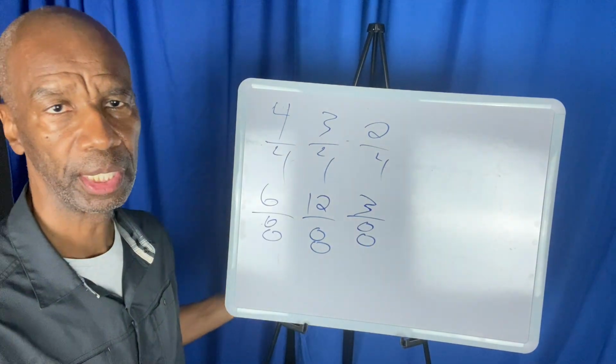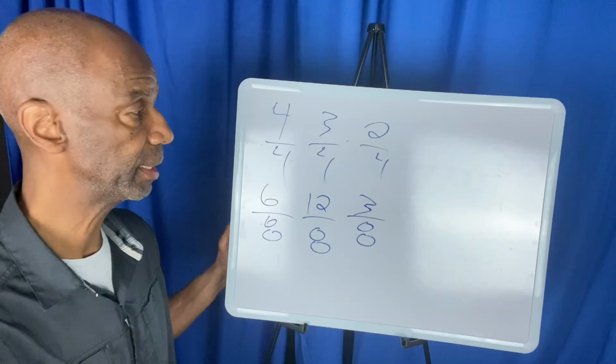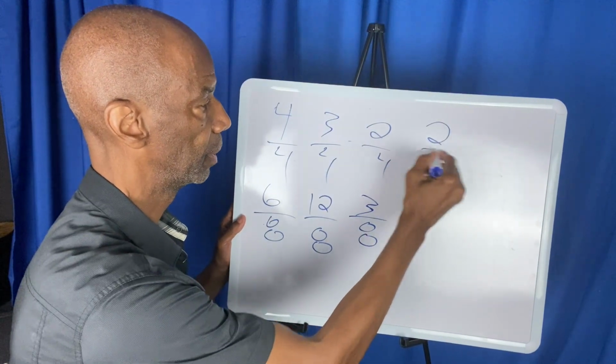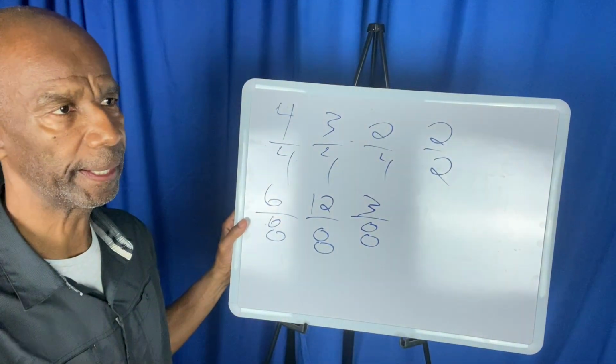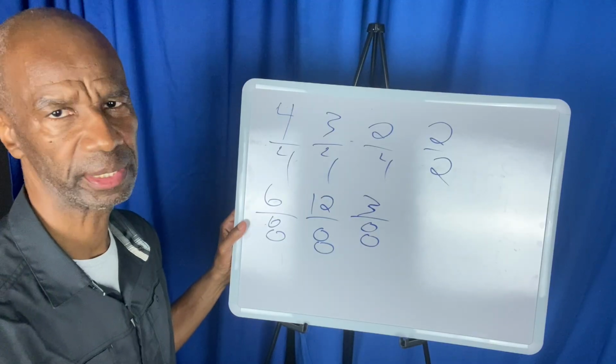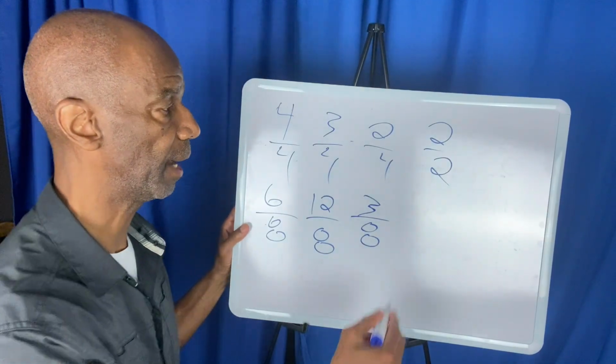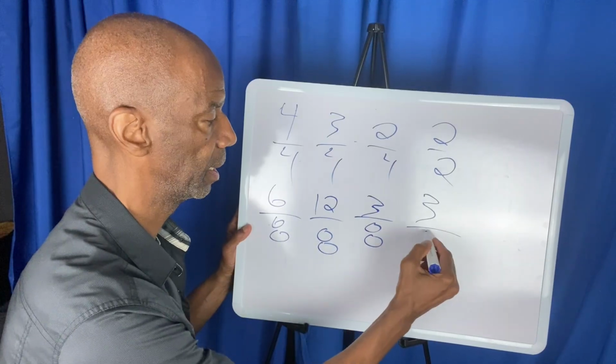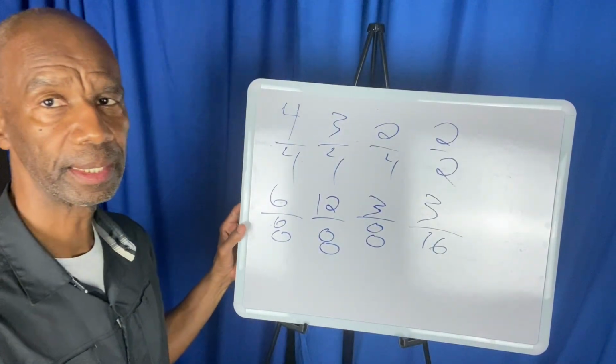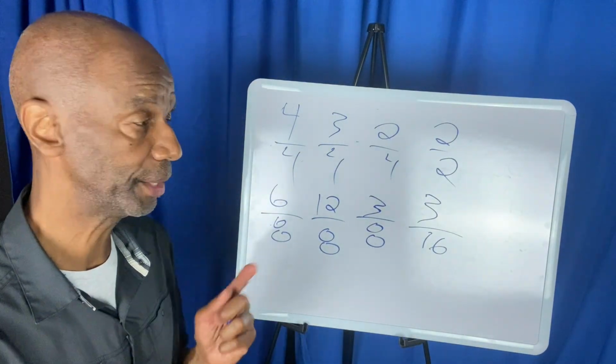Sometimes signatures you don't see a lot would be something like 2-2. Let's just have some fun. 3-16. You won't see that, but 3-16.